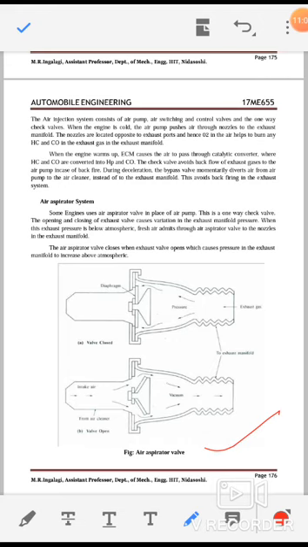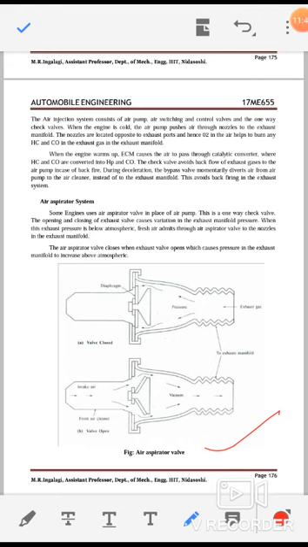Some engines use an air aspirator valve in place of an air pump. This is a one-way check valve. The opening and closing of the exhaust valve causes variation in the exhaust manifold pressure. When the exhaust pressure is below atmospheric, fresh air is admitted through the air aspirator valve to the nozzle in the exhaust manifold.